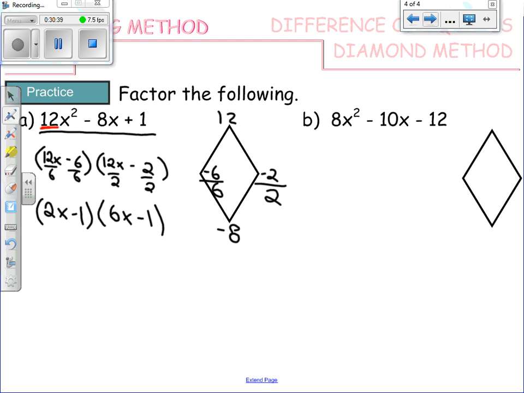So those of you who don't like this and want to now switch back to the easy way, yeah, that's a little more confusing, right? Okay. So if you want, switch it up, that's fine, depending on the question. So you would rewrite this: 12x squared minus 6x minus 2x plus 1.